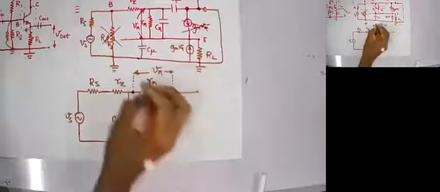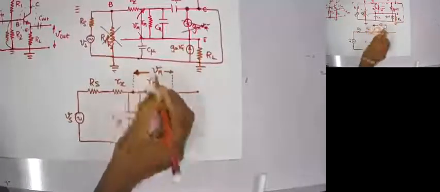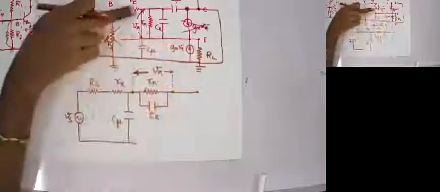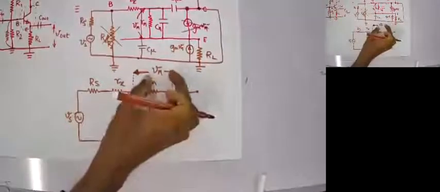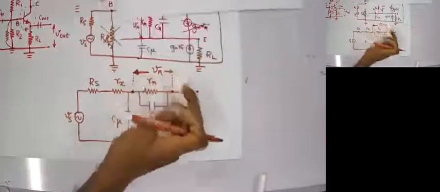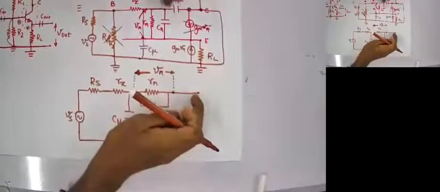Remember, the voltage across these two parallel components is given by V pi. So I am marking it by this one, and then look at here.